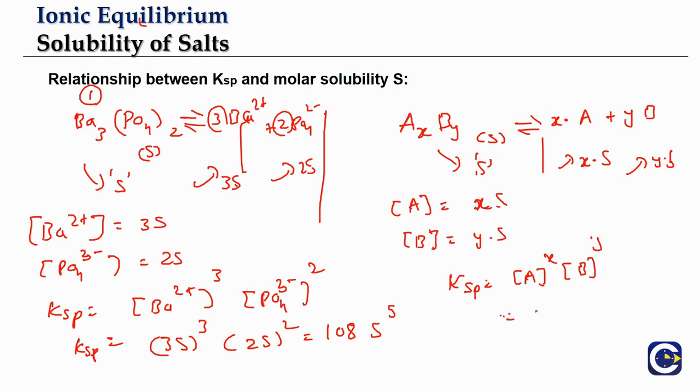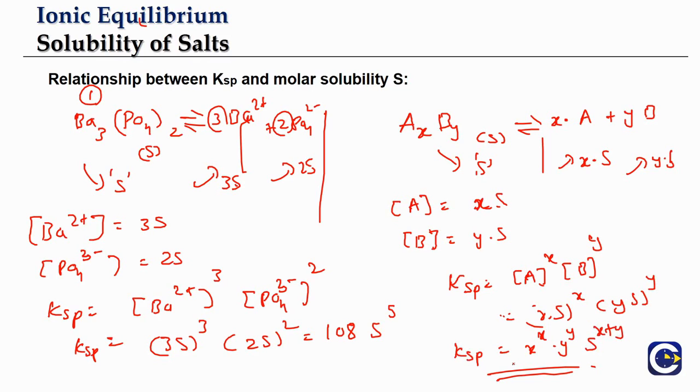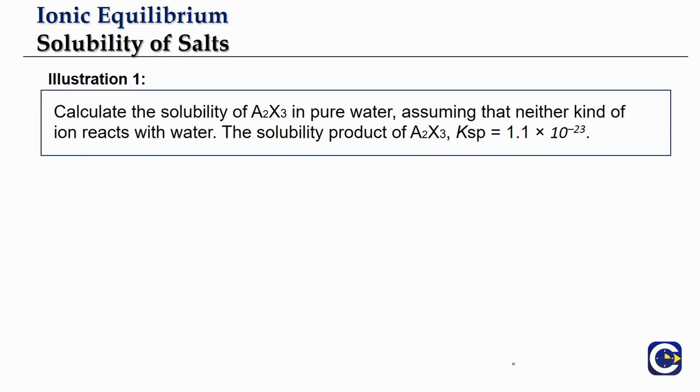So that is (xs) whole power x, and then (ys) whole power y. So the relation is x power x into y power y into s power x plus y. This is the general formula for the Ksp of a general salt AxBy. Clear? This is how we find the relation between Ksp and solubility.